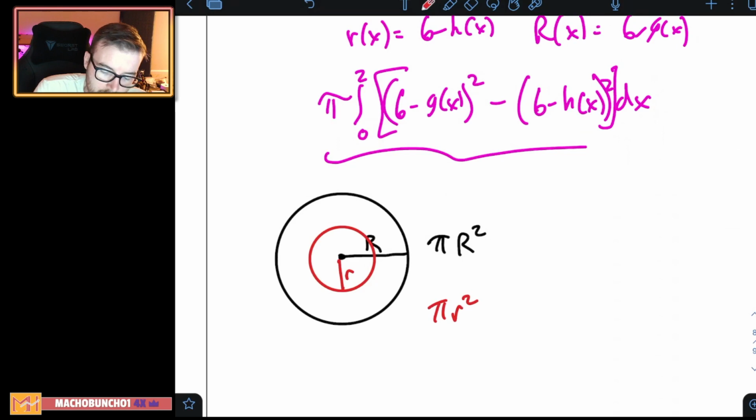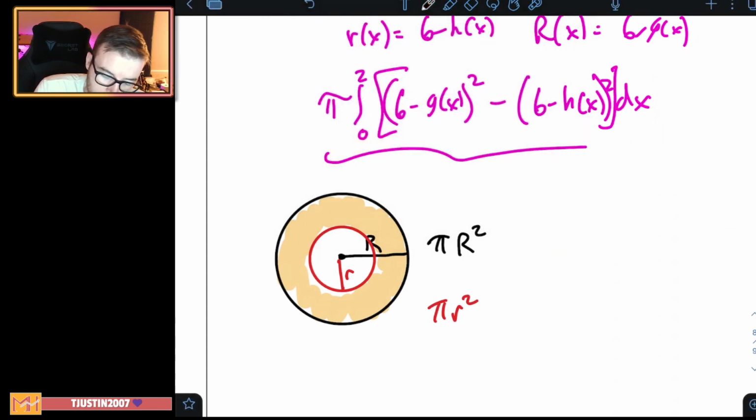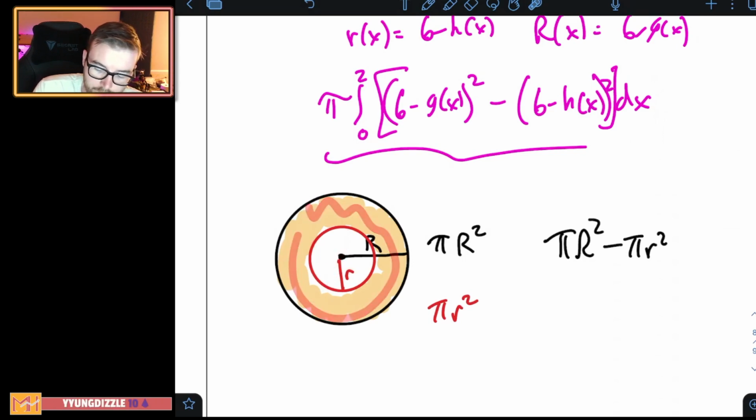If you wanted to find the area of this orange region, you would take the area of the big one and subtract away the area of the small one, because you want to remove this so that you're just left with the ring.